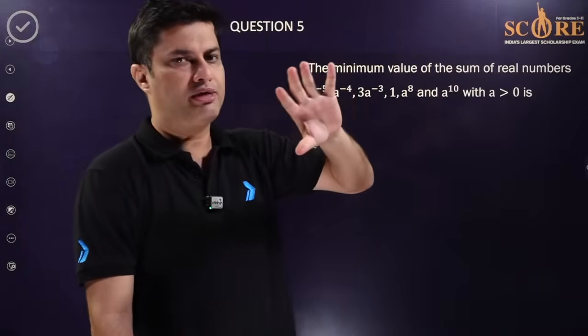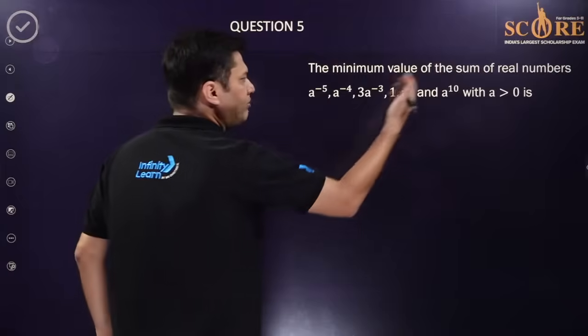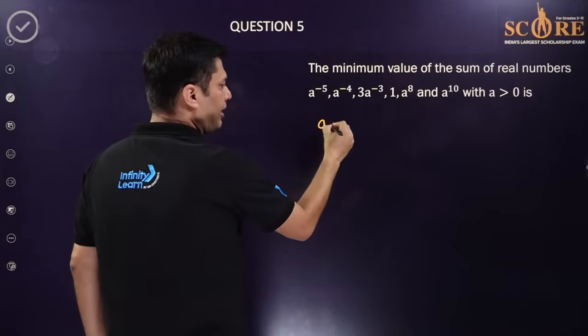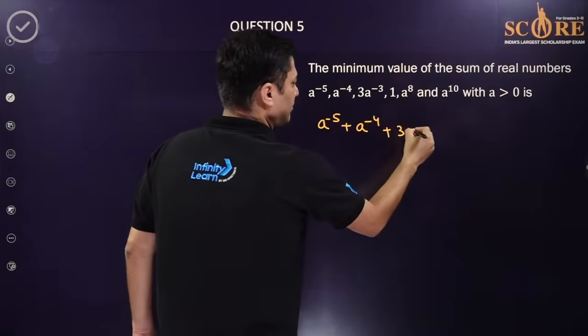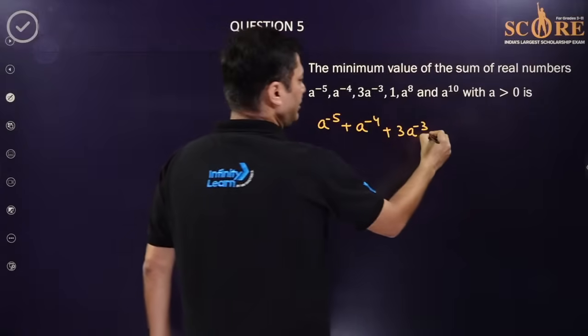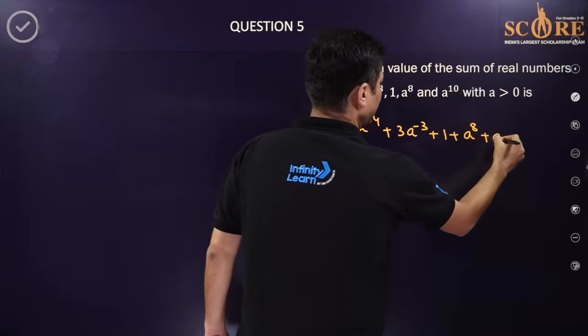These kinds of questions can be solved by using the AM-GM inequality. The minimum value means the sum a to the power minus 5 plus a to the power minus 4 plus 3a to the power minus 3 plus 1 plus a to the power 8 plus a to the power 10.